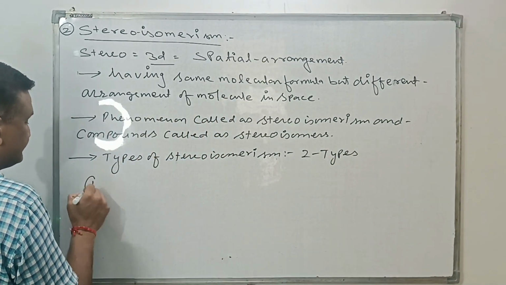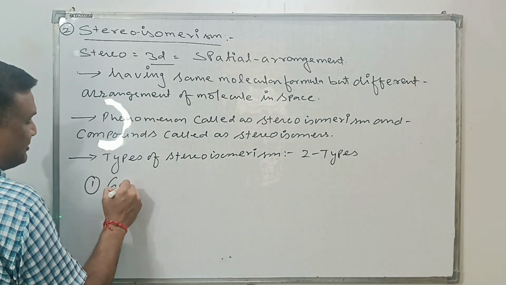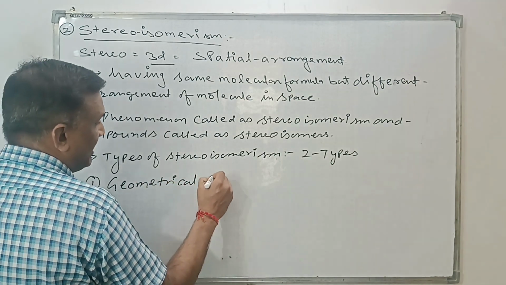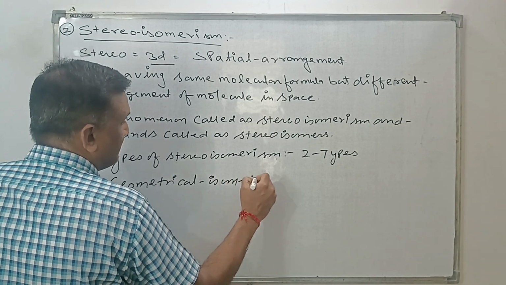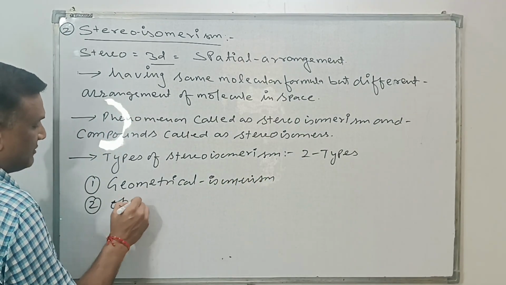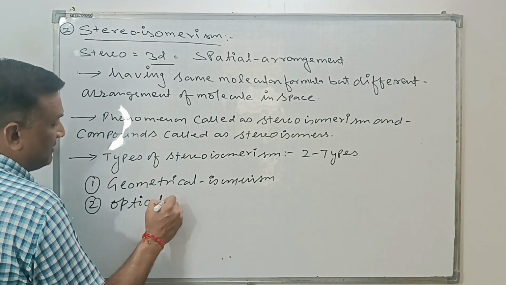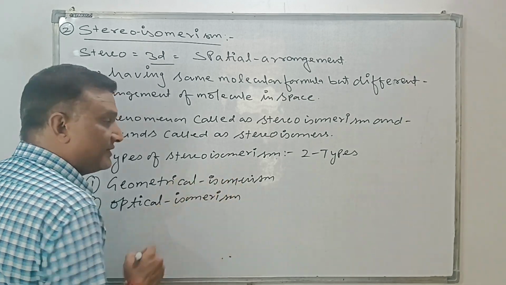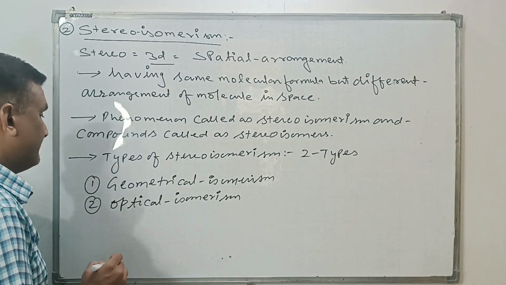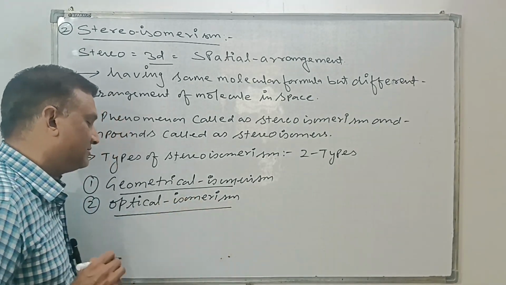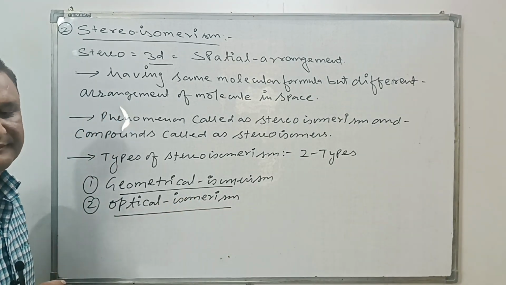Number one is geometrical isomerism, and number two is optical isomerism. First of all, we'll go with geometrical isomerism, and after that we'll discuss optical isomerism.